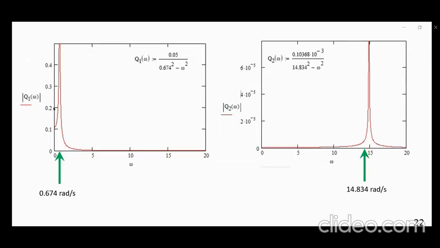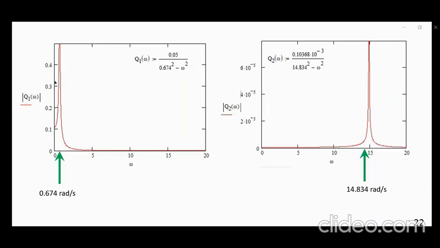Now, I also want to remind you that the amplitude of a single degree of freedom system under a sinusoidal load, which is exactly what we have here, shoots to infinity in the absence of damping. So if you look at Q1, it's exactly a single degree of freedom system under a sinusoidal load without any damping.